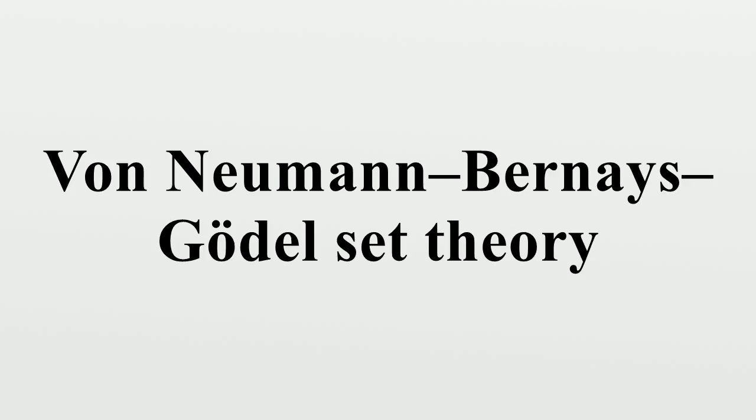Class comprehension schema. For any formula phi containing no quantifiers over classes, there is a class A such that this axiom asserts that invoking the principle of unrestricted comprehension of naive set theory yields a class rather than a set, thereby banishing the paradoxes of set theory. Class comprehension is the only axiom schema of NBG.